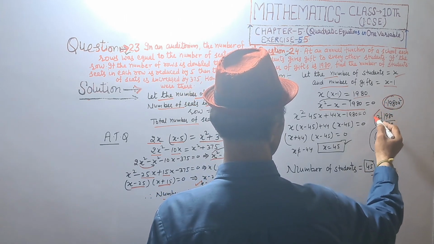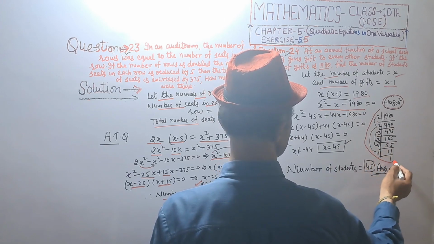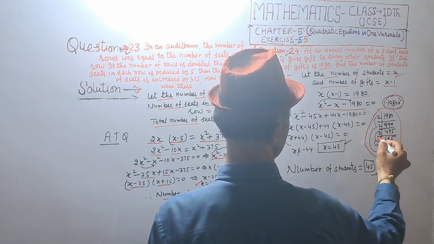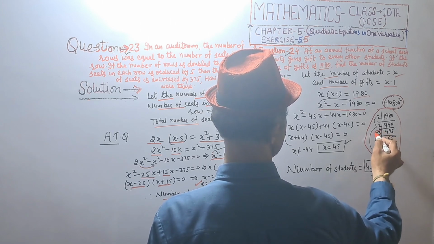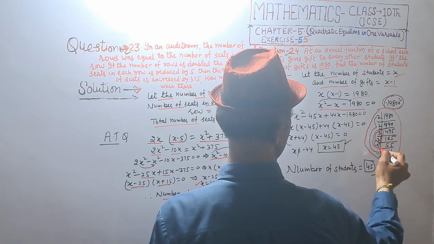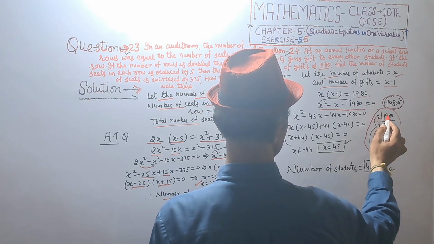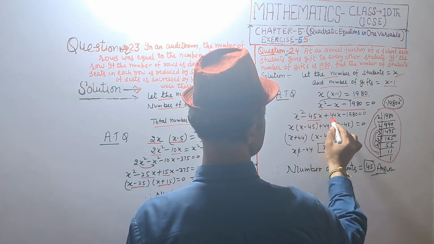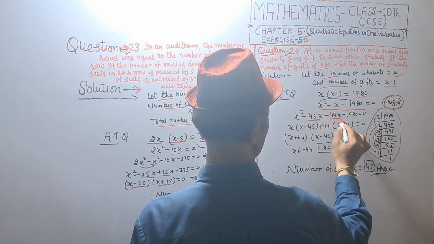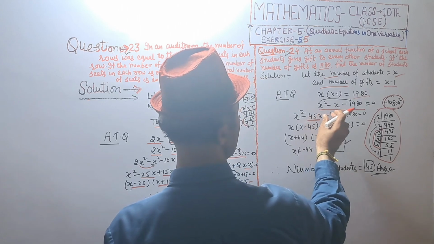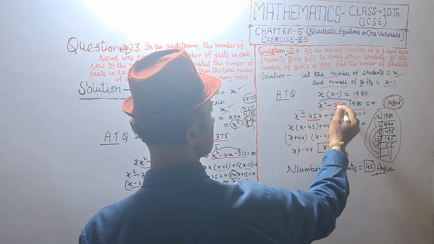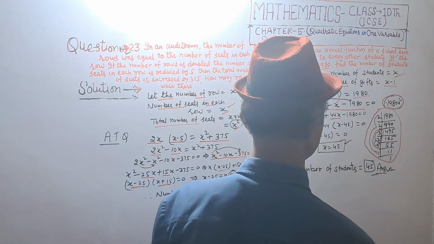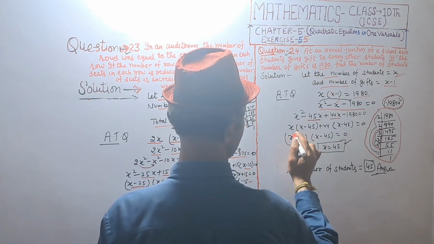So prime factors of 1980 is equal to 2 into 2 into 3 into 3 into 5 into 11. 5 3s are 15, 15 3s are 45, and 11 2s are 22, 22 2s are 44. We are taking minus 45x plus 44x, that is equal to minus x, and their product will be minus 1980 x square.